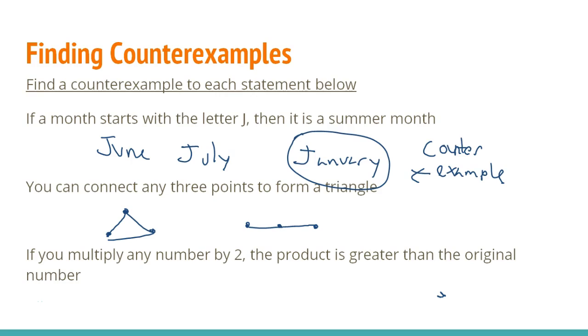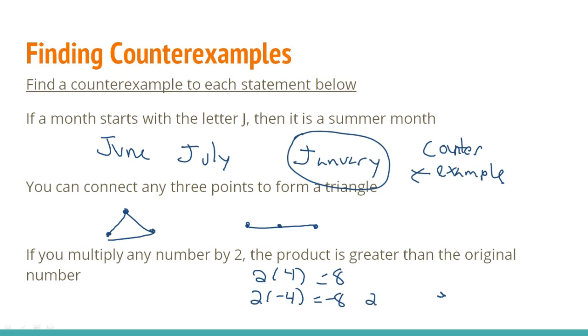And the last one says if you multiply any number by 2, the product is greater than the original number. We could calculate out and calculate out, but what if I did 2 times 4, which gives me 8, but then I multiplied 2 times negative 4, and I had negative 8?